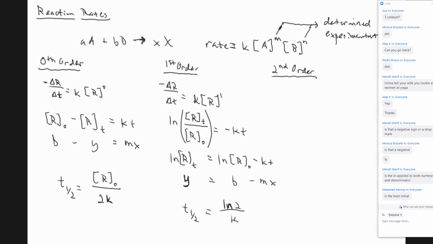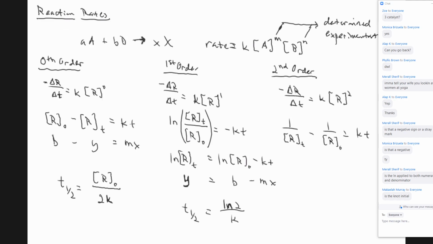The second order, this is going to require you to have two reactants in your system. You end up with 1 over the concentration R sub t minus 1 over the concentration of R naught is equal to kt.